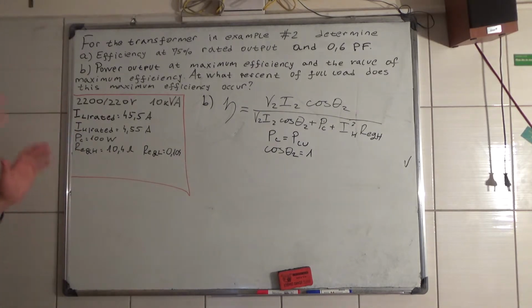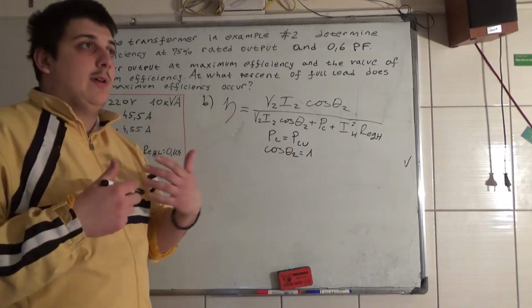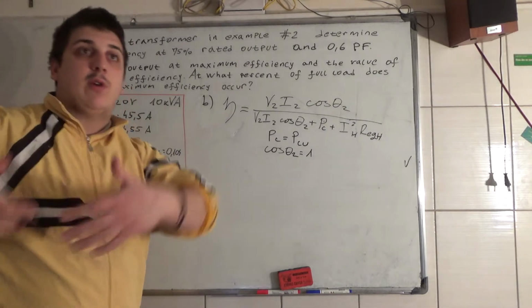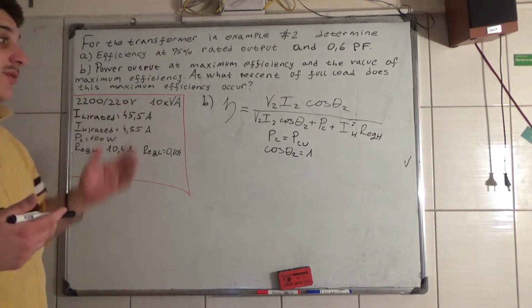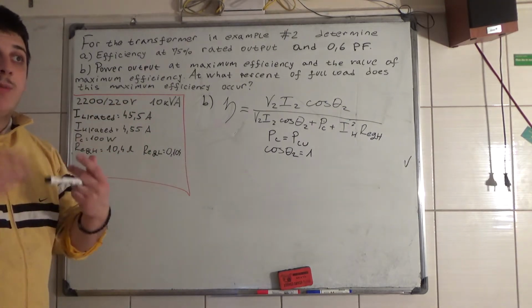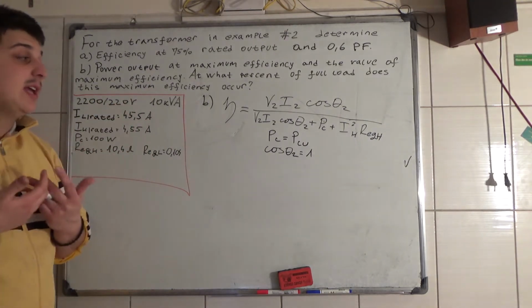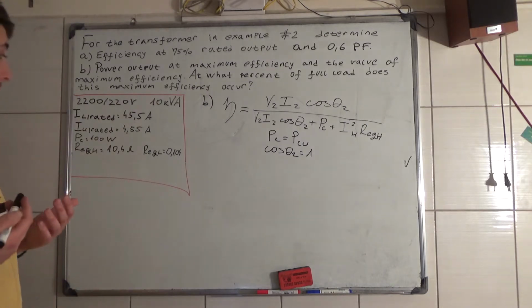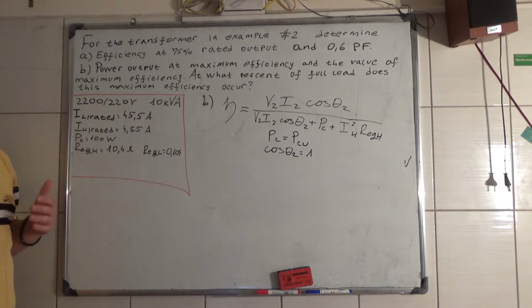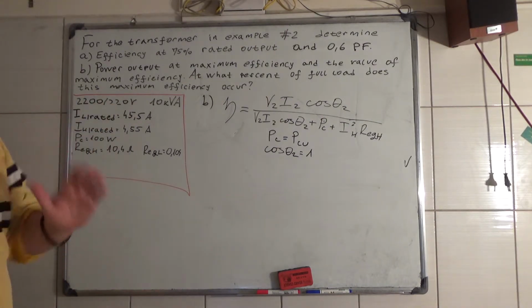Now, we first have to find at what percent of the full load this transformer will have the maximum efficiency. This is very easy. You know that the copper loss for the same voltage usually stays the same.